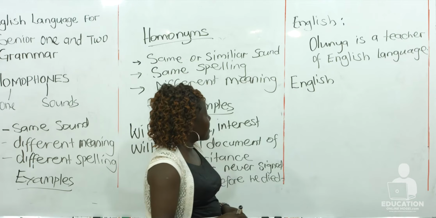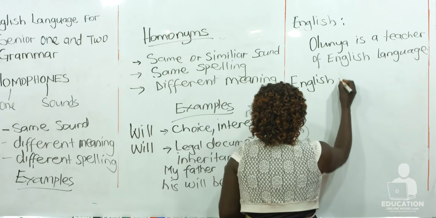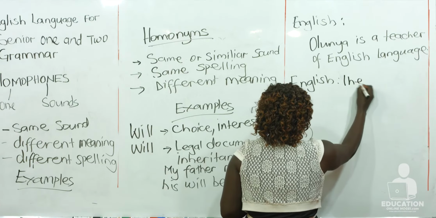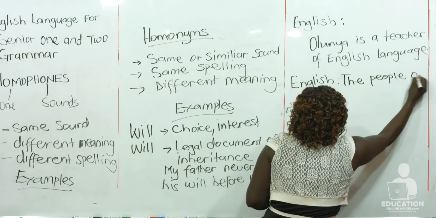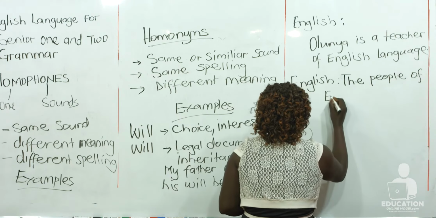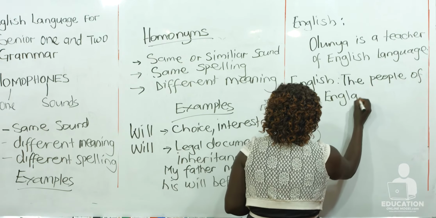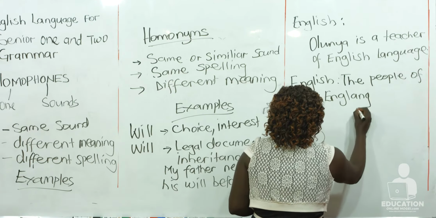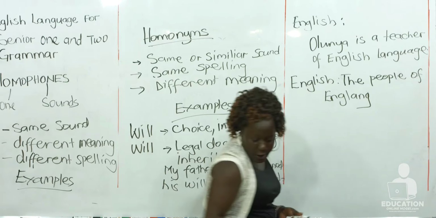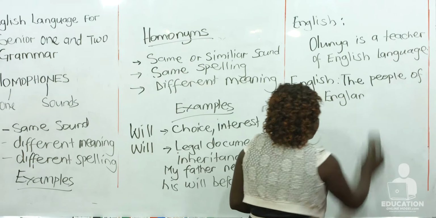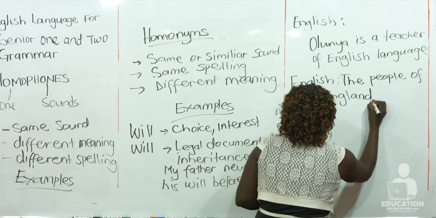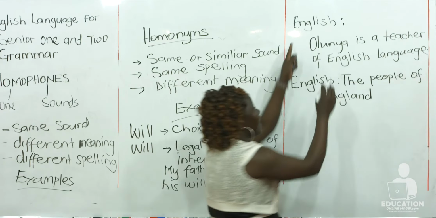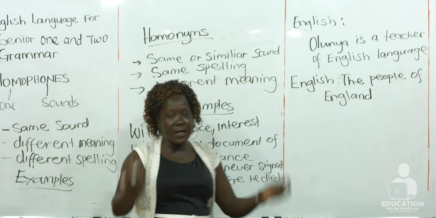In this case, English in this way now, the people of England. With D. People of England with D. Pardon me. England. Meanwhile, this one is the language of the people of England.